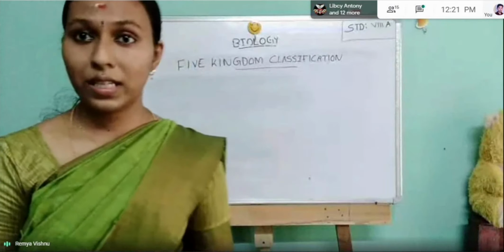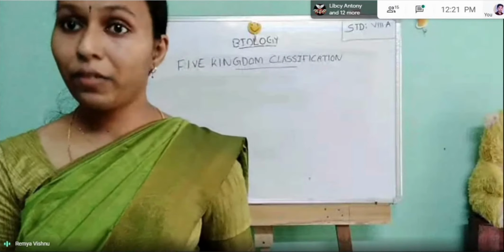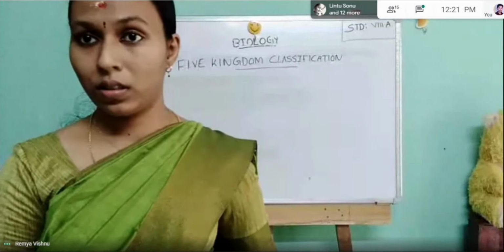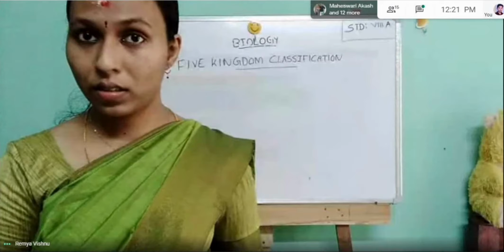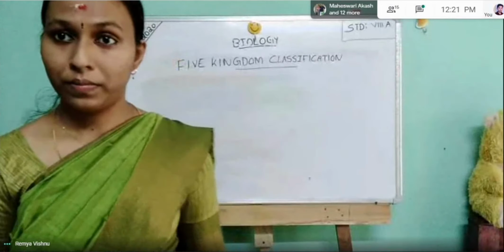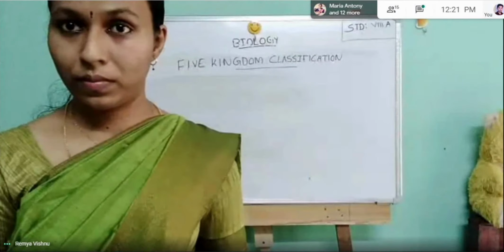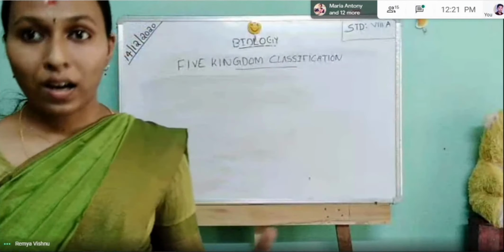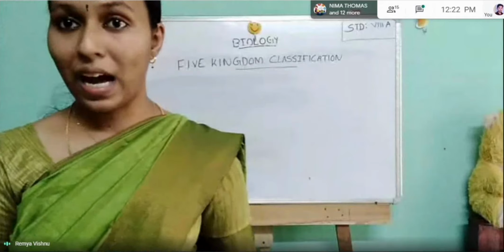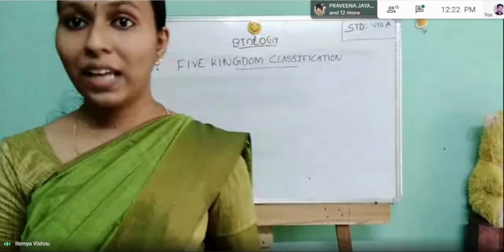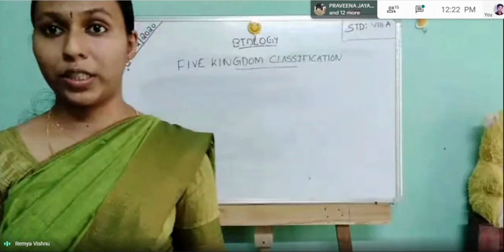First the question is, what are the major features of kingdom Animalia? Kingdom Animalia are organisms. They are heterotrophic, multicellular organisms and they have the capacity of locomotion.